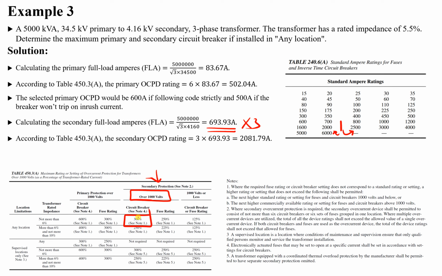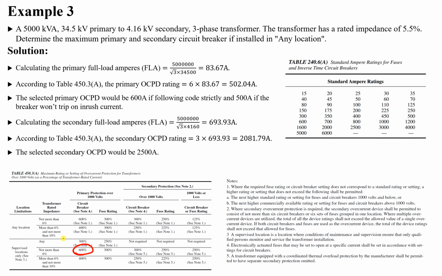Let's look here. 300% has Note 1, which means again we have to select the next level, which means 2500, because this is according to the exception in the NEC. Now, for example, if you look here at the supervised location, at this one, this 600% does not have Note 1 under it. So if I have supervised, not more than 6, and 600%, then I have to go to the lower value.